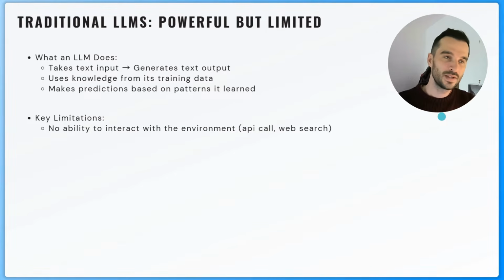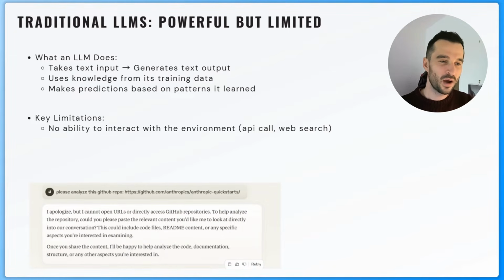But these LLMs, they are really powerful, but they are limited. One key limitation is that they cannot interact with their environment. So let me quickly show you this here. For example, I asked Claude to analyze this GitHub repository for me. And the answer was that it's simply not capable of doing it.